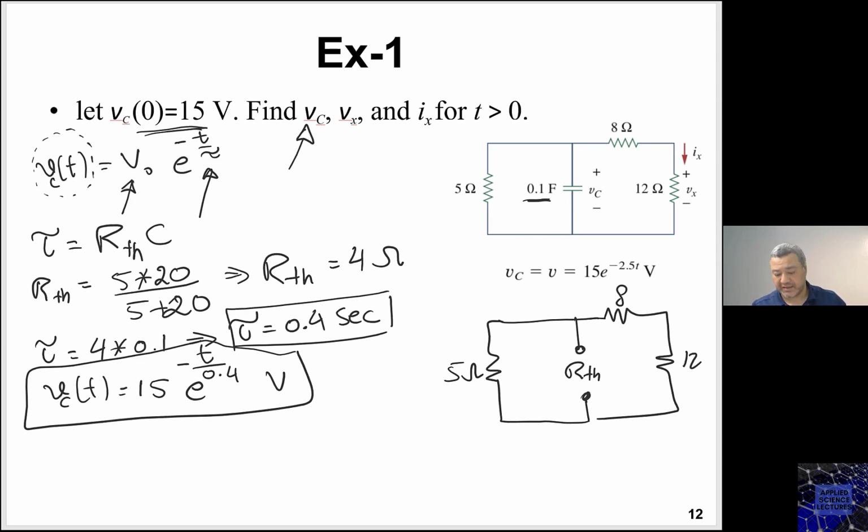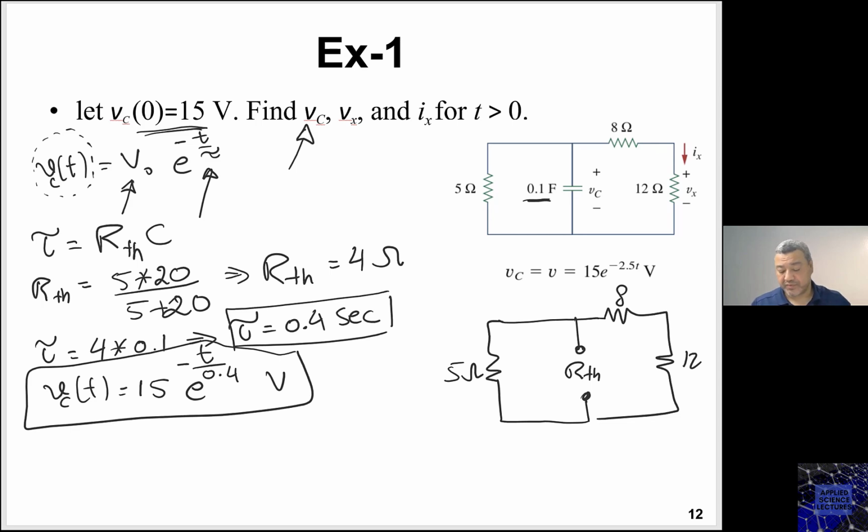What about Vx? Can you tell me what is the relationship between Vc and Vx? Any idea what the relationship between Vc and Vx is? They are not the same. No, they are not the same.